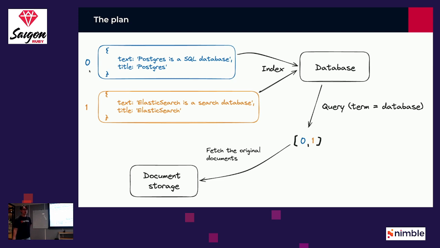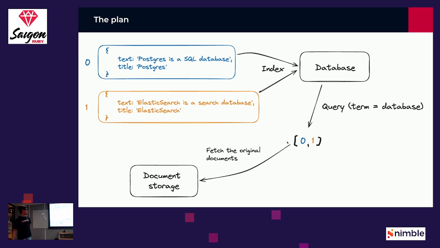I'm going to assign this document ID 0, this document ID 1. And when I'm querying, what I'm going to get back is the list of document IDs. Because the term database is present in both documents, we're going to return 0 and 1.